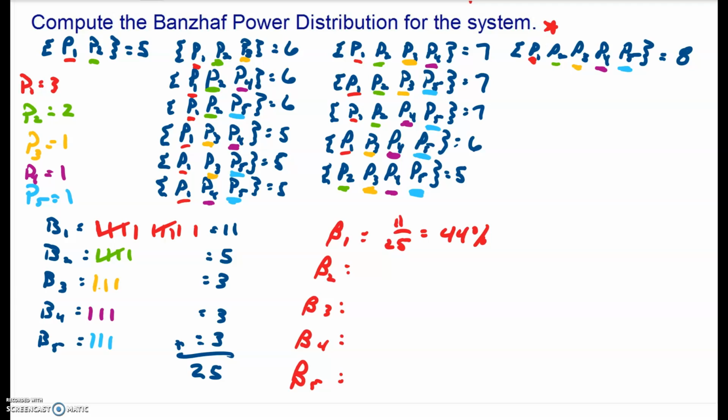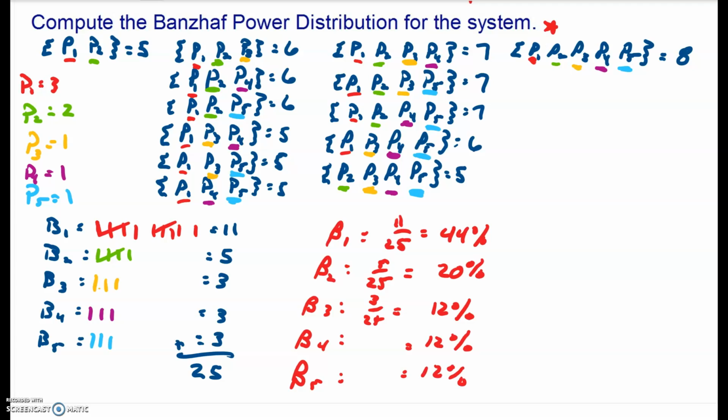Player 2 is 5 divided by 25, and that is 20%. Player 3 is 3 divided by 25, and that is 12%. And I know player 4 and player 5 are each also 12%.